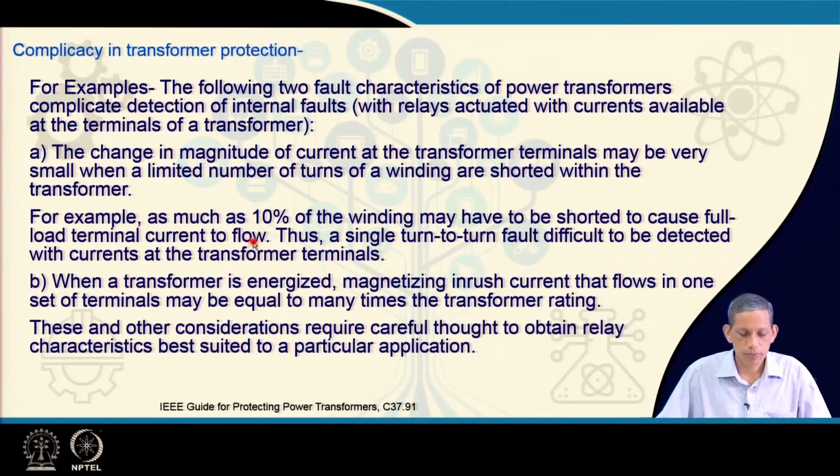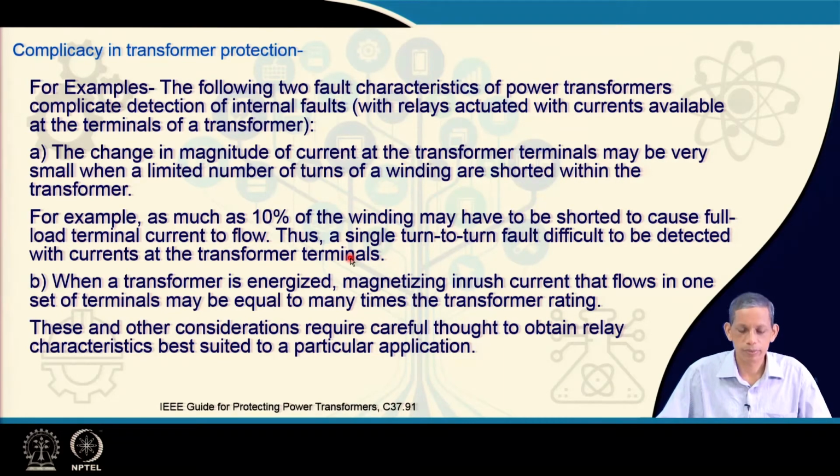For example, as much as 10% of the winding is required to be shorted for rated current to flow. So, a single turn to turn fault may not lead to significant current that is detectable at the transformer terminals.